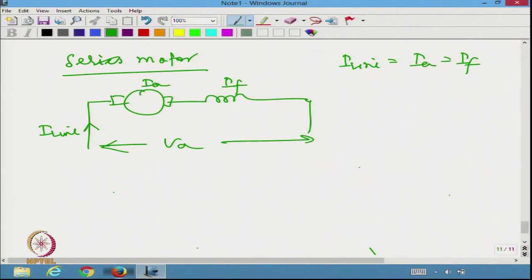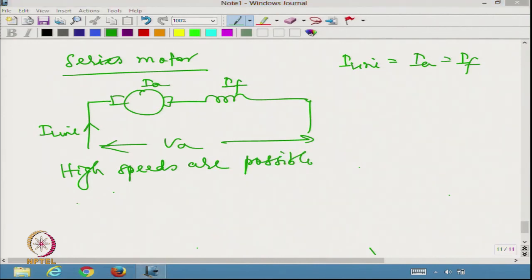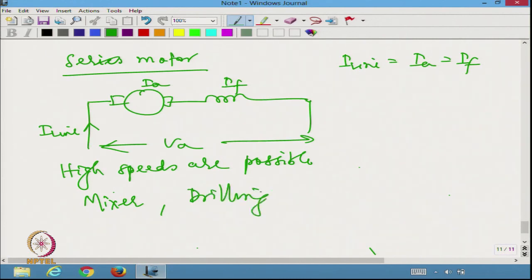Series motor, the major advantage is you will have extremely high speeds possible. So, they are actually used in an application specifically which is at home, mixer and drilling machines. Both use generally series motor, which work at about 15,000 to 20,000 RPM.